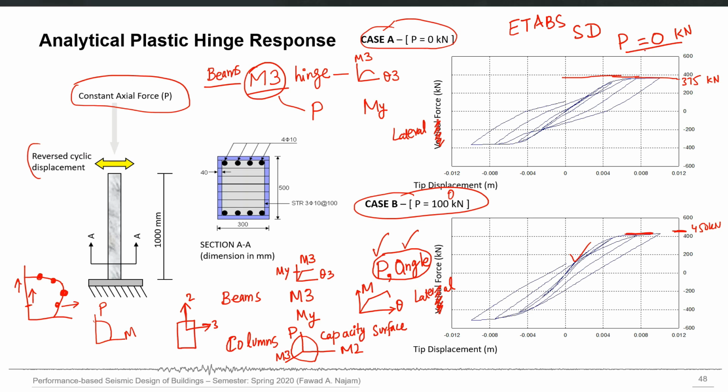But what you can do is that you can go for P equal to 0 and then increase maybe 10 kilonewton, and you will see that the moment curvature curve will be modified. Then maybe 20 kilonewton, again it will be modified. So in one of my lecture slides, I have a detailed parametric study of how the moment curvature curve is being modified by the level of axial force for different shapes of cross sections, for different levels of longitudinal steel, different amounts of steel, and different Fy, Fc prime.